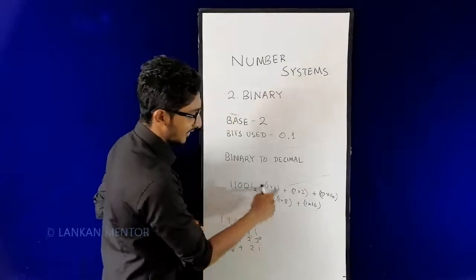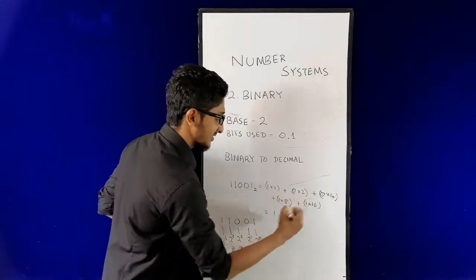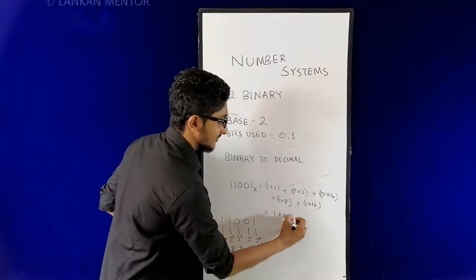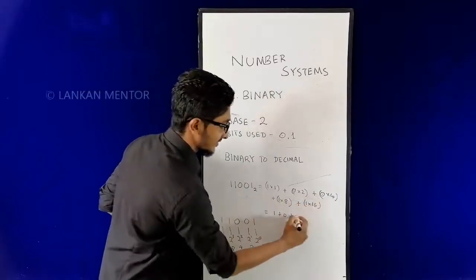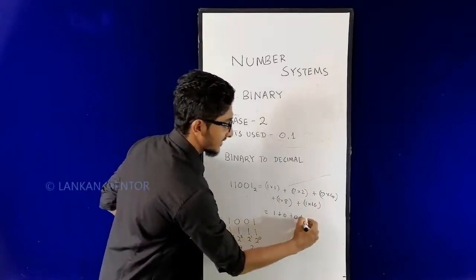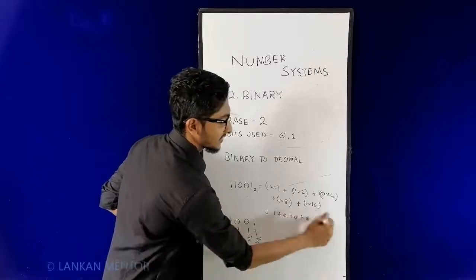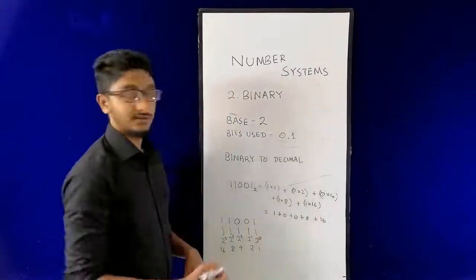So you have 1 into 1 is 1, 0 into 2 is 0, plus 0 into 4 is 0, plus 1 into 8 is 8, plus 1 into 16 is 16.